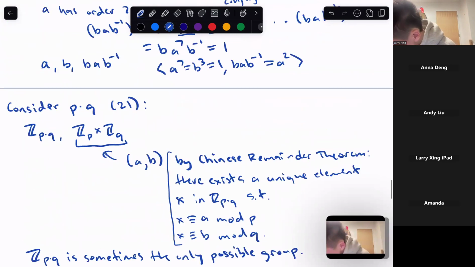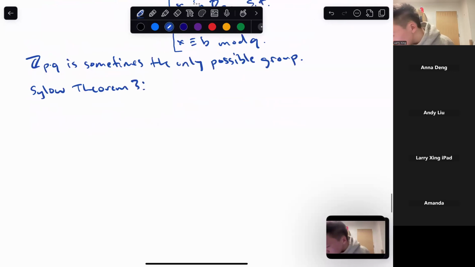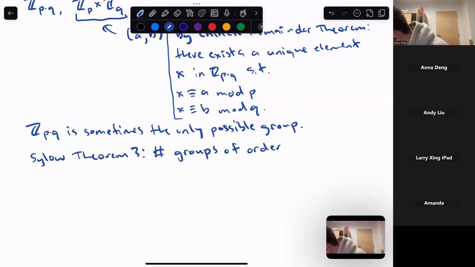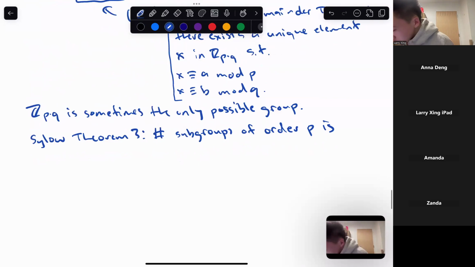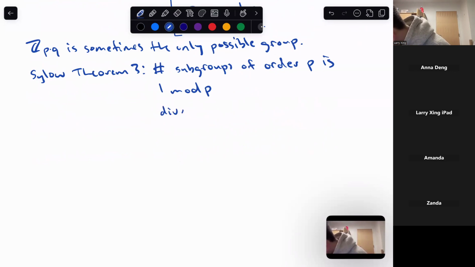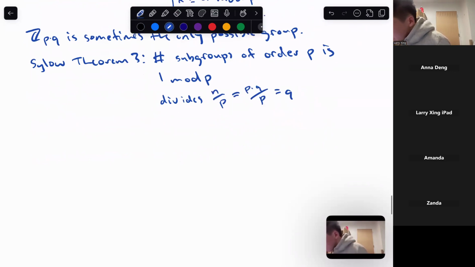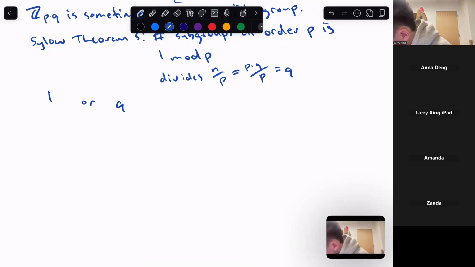Well, we actually know by Sylow's third theorem that the number of subgroups of order P is 1 mod P and divides n over P, which in this case is PQ over P, which is Q. So if it's a divisor of Q, it must be either 1 or Q. So suppose P is greater than Q.